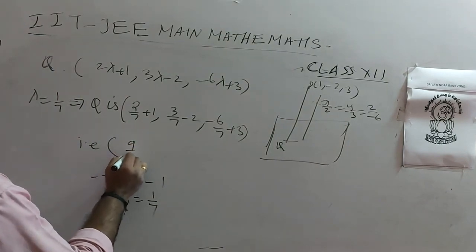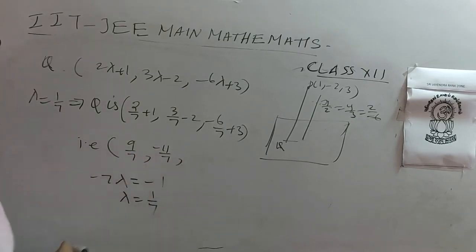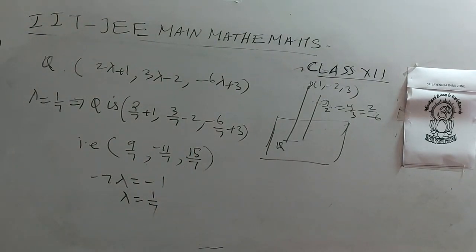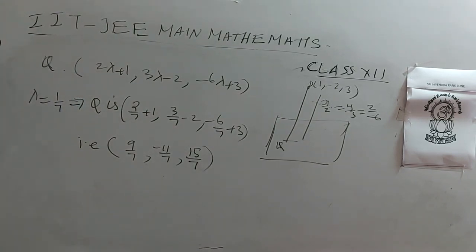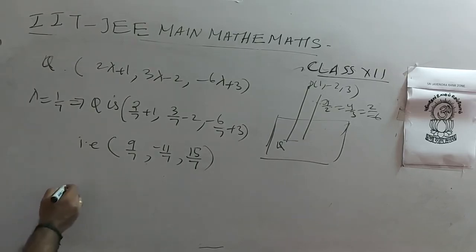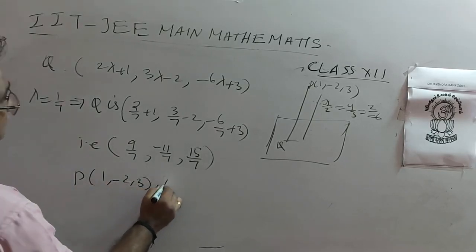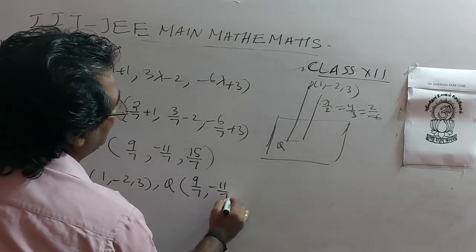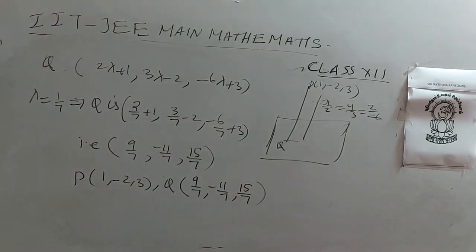That is 9 by 7, minus 11 by 7, 15 by 7. So P is (1, minus 2, 3) and Q is (9/7, minus 11/7, 15/7).